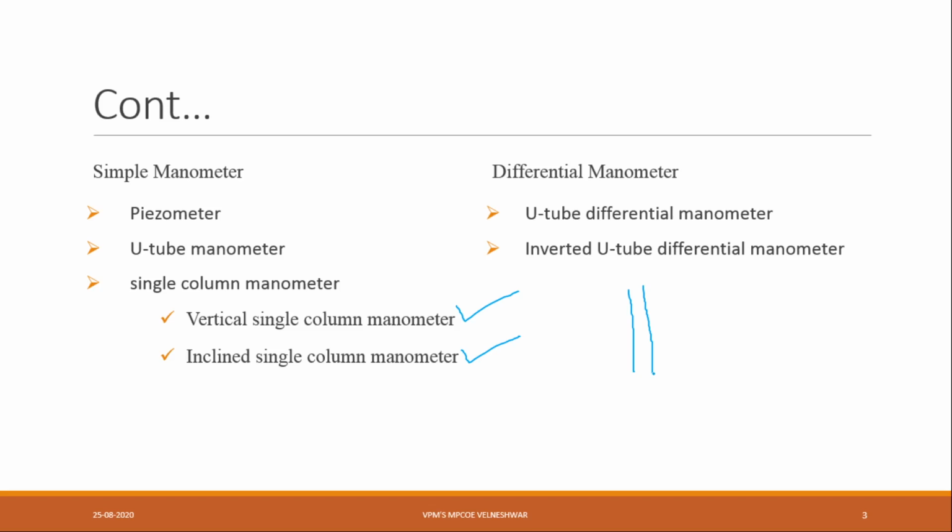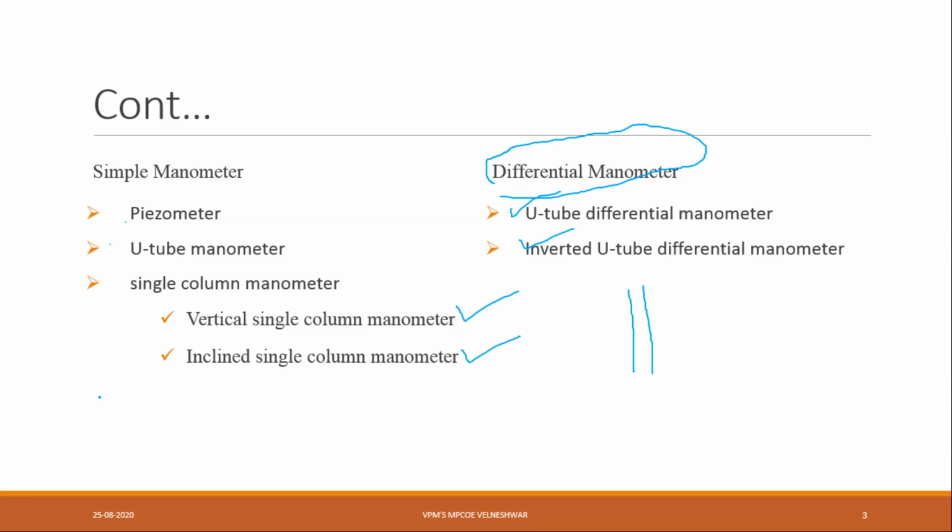In the examination, as per the Mumbai University syllabus, we will have a definite sum on the U-tube differential manometer. Whether it is a U-tube or an inverted U-tube differential manometer, or a U-tube manometer, they have some differences.